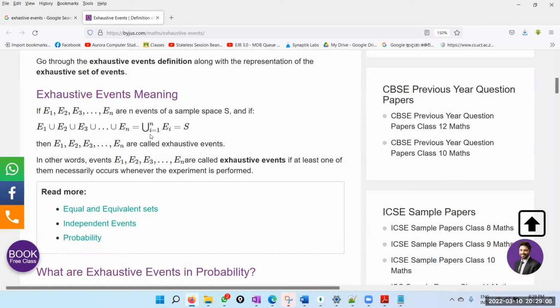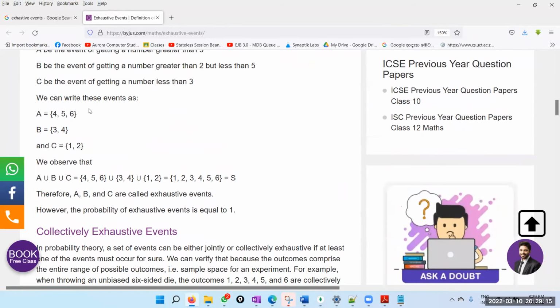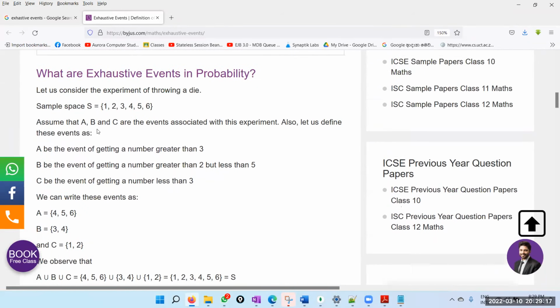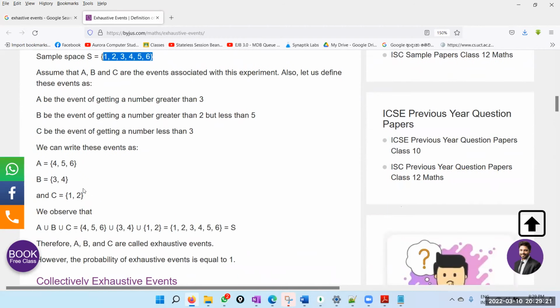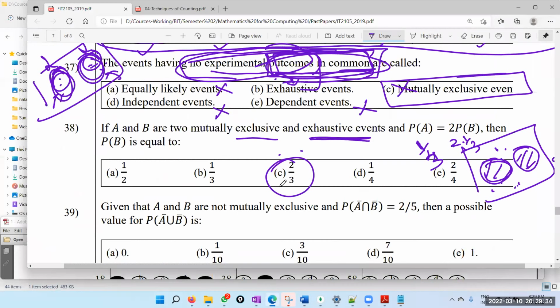Right? Nothing else. So let's take an example. Say the sample space is 1, 2, 3, 4, 5, 6. Therefore, A, B, C are exhaustive events because when we take the union, the entire sample space is there. So definitely this must be 1/3.